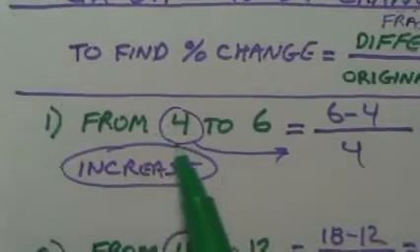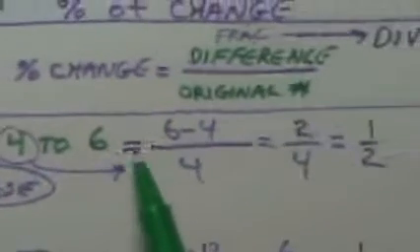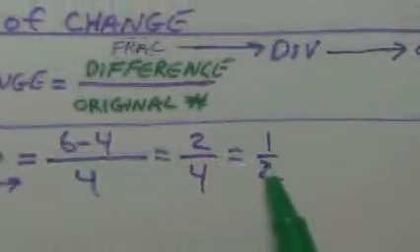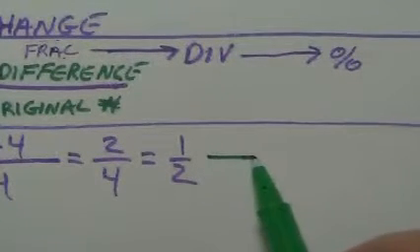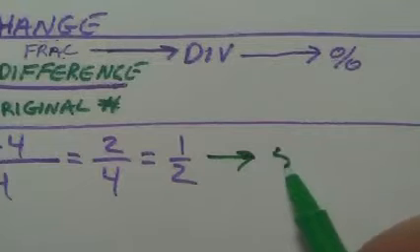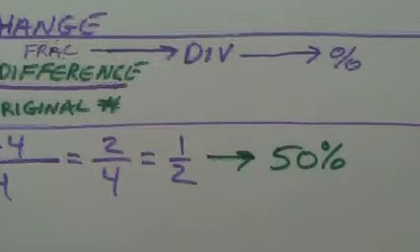So looking at number 1, from 4 to 6, that was an increase. And we figured out that's a half. That's 1/2. Well, you know what? You can do that in your head. 1/2. What percentage is 1/2? That's 50%.